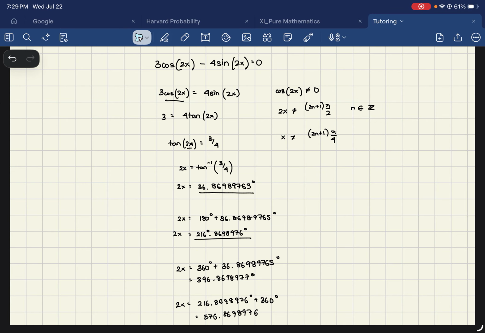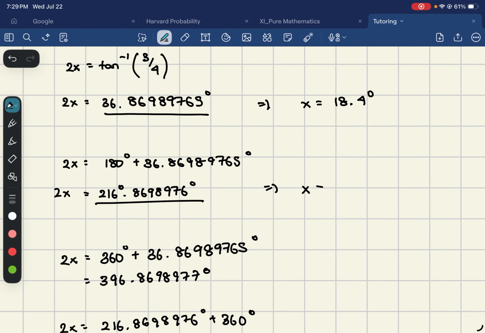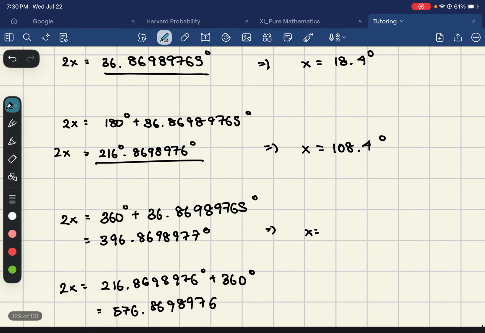So from this, we know that x is going to be 18.4 degrees. So I just divide by 2 on both sides. From this, x is going to be 108.4 degrees. From this, x is going to be 198.4 degrees.